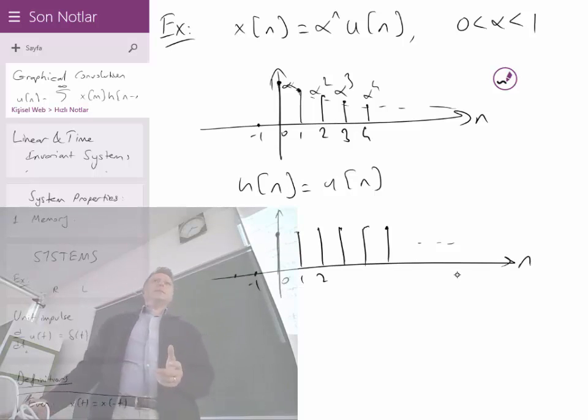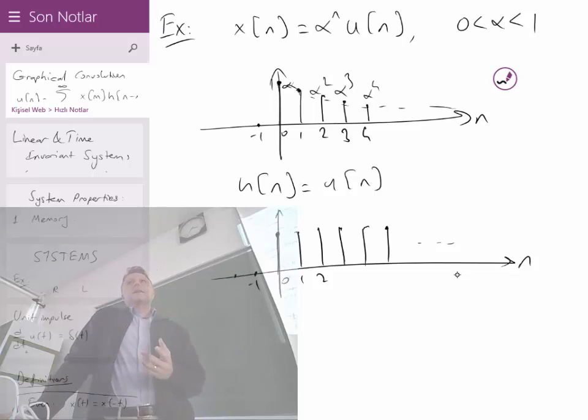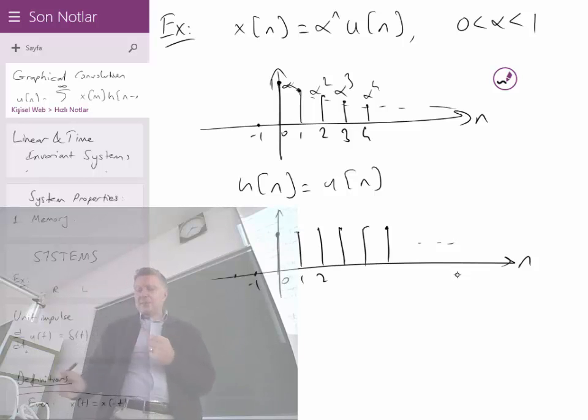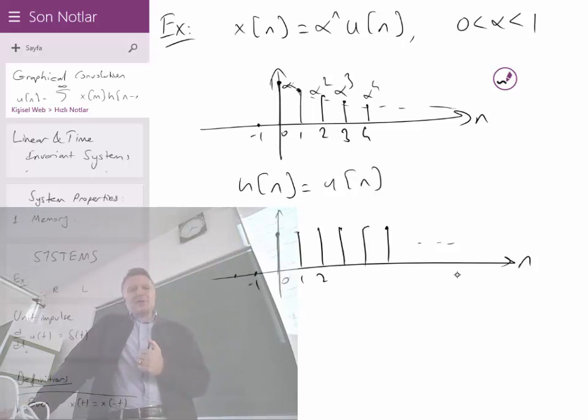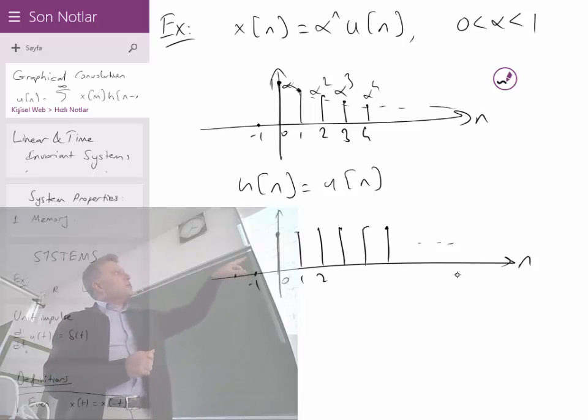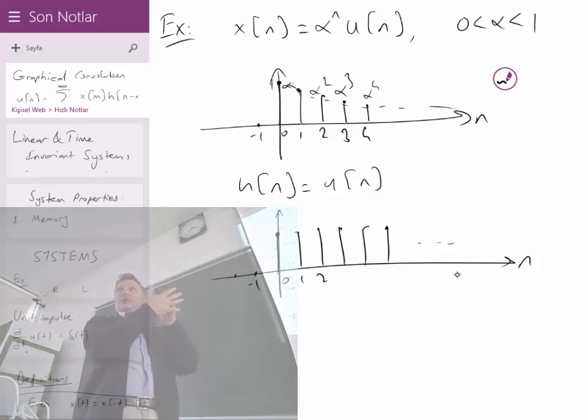Now you have to be a little bit smart in order to give an analytical expression, a mathematical expression, to the response of your system to this input, which is exponentially decaying. And what are we going to do? I would choose flipping around and sliding. Okay. Let's flip around this h of n, because that's what we flip around, right?